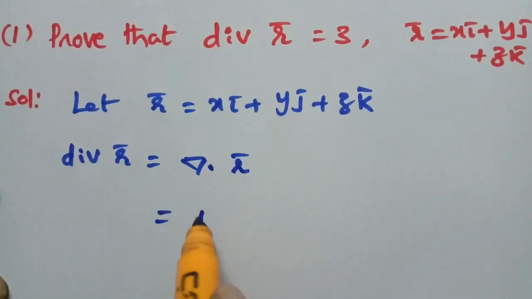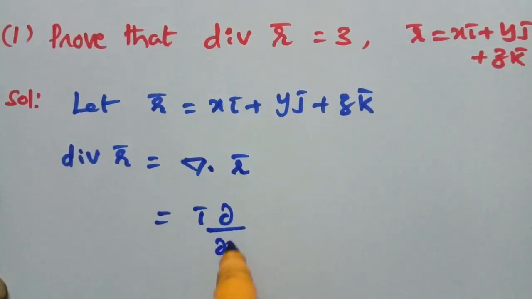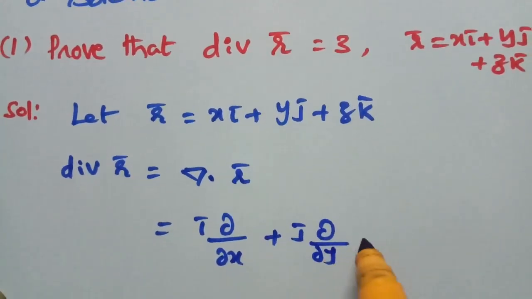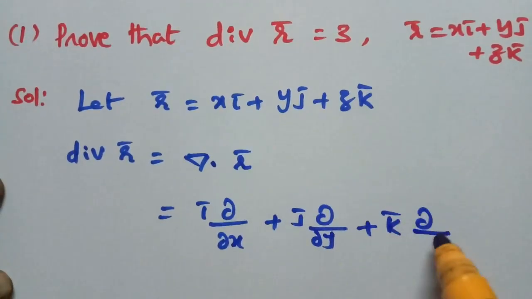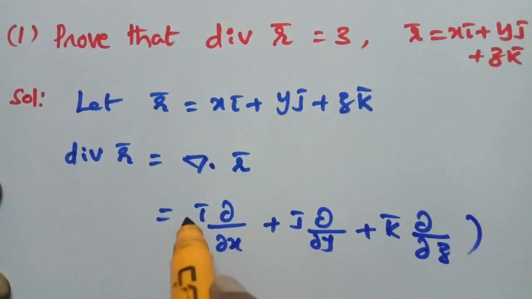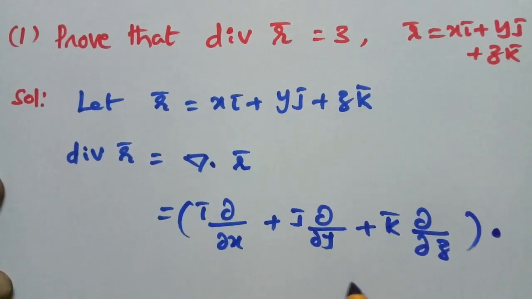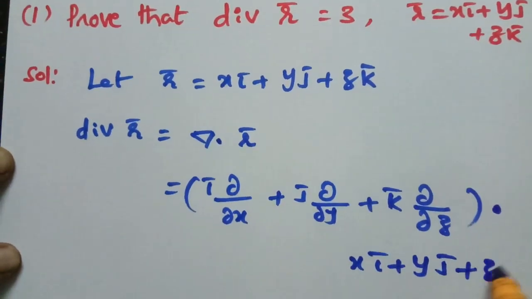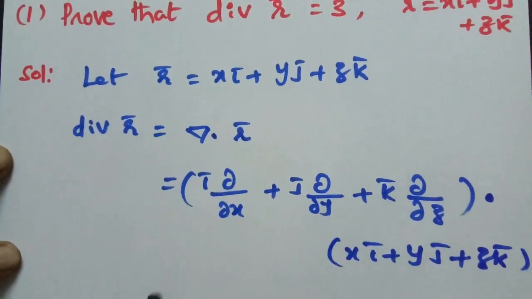Del dot R bar means, del means dou by dou x i bar plus j bar dou by dou y plus k bar dou by dou z, dot xi bar plus yj bar plus zk bar.